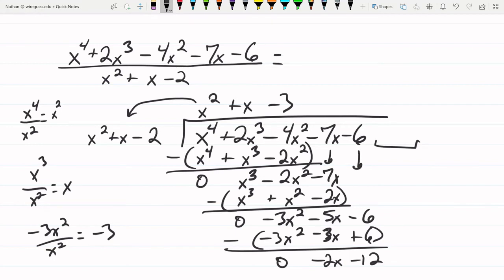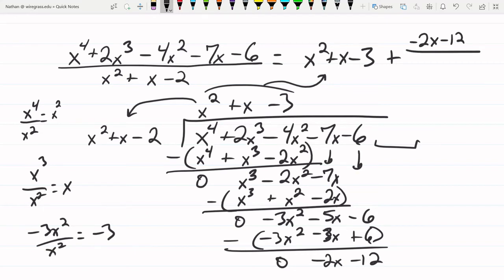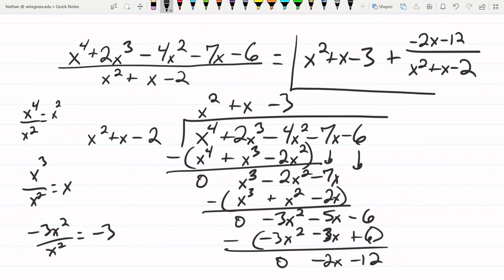And this tells us that we have x squared plus x minus 3. Just the answer is there. And then plus, we have the remainder, which is negative 2x minus 12, divided by the divisor, which is x squared plus x minus 2. So this is what the final answer would look like if you have a remainder.